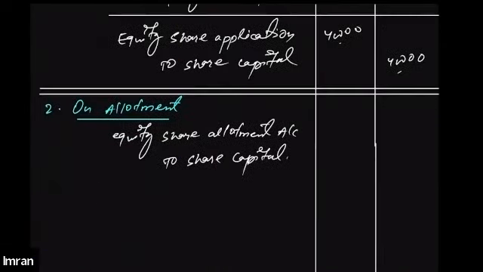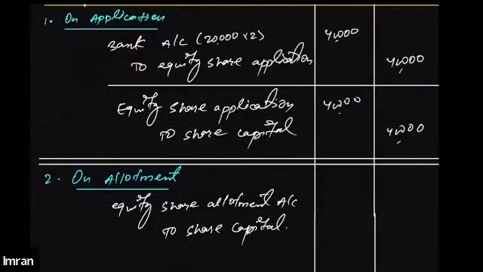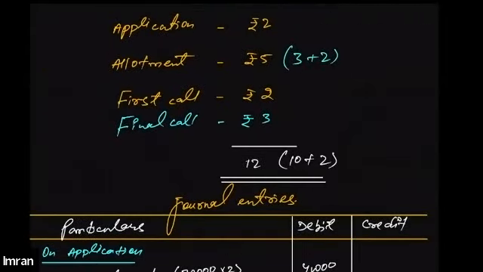And on allotment, there is a security premium as well. So the journal entry for this will be equity share allotment to share capital, and we have received a premium of rupees 2.